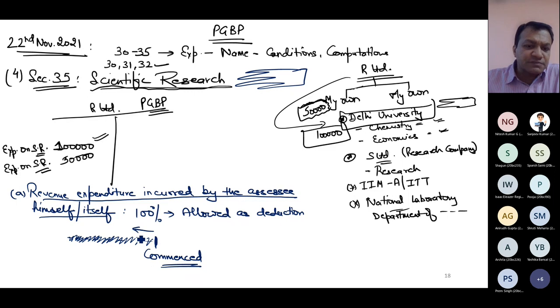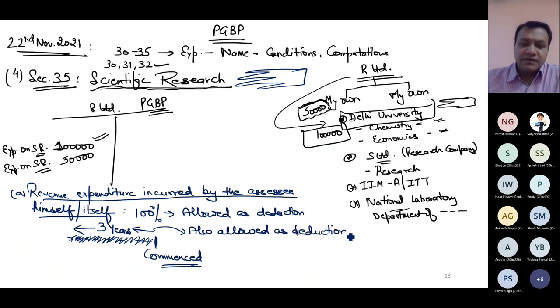So scientific research expenditure 3 years prior to the date of commencement are also allowed as deduction in the year in which business is commenced.